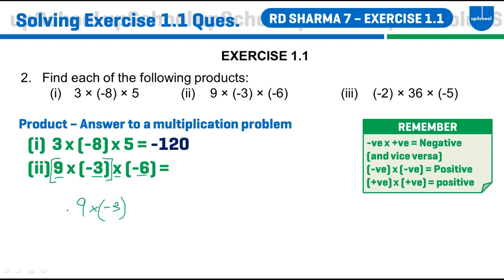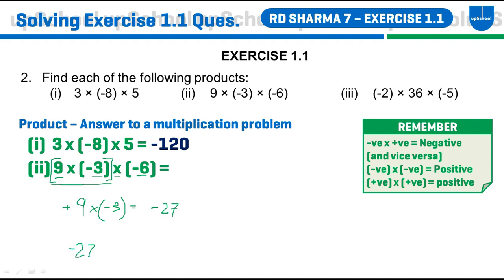We're basically multiplying a positive integer by a negative integer, and as we learned, the answer is going to be negative. 9 times 3, without worrying about the signs, is 27. So the answer to our chunk is negative 27.